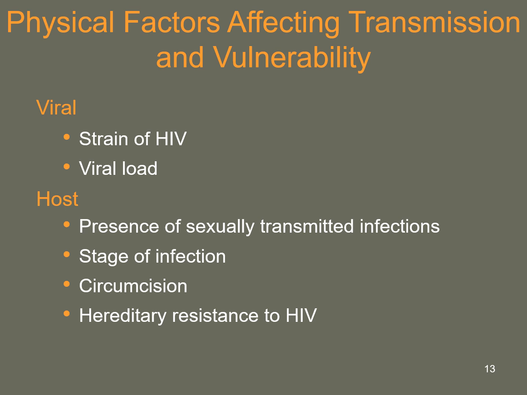Also circumcision. Circumcision provides 60% prevention. Why? Because the foreskin has some target cells.